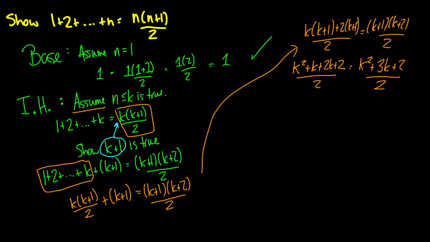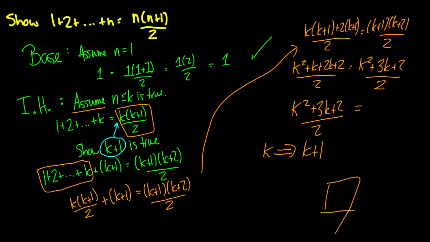And we can see here that if we collect like terms on the left side, they will actually equal each other, which means that we have shown that k implies k plus 1 to be true, which means that we have shown inductively that this statement is true.